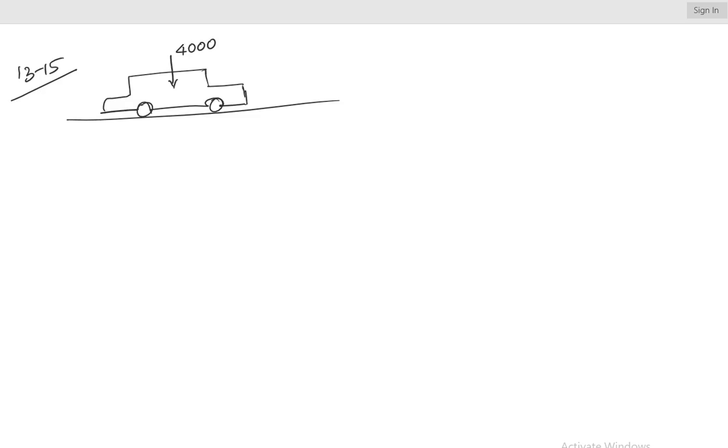Of course, there's a reaction, right? I'm going to call that Fn. The car is moving. I'm going to just assume the acceleration is this way, and then the inertial force is in the opposite direction, ma. So that's this way.